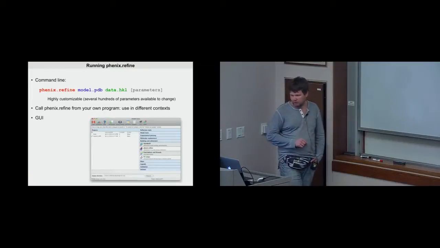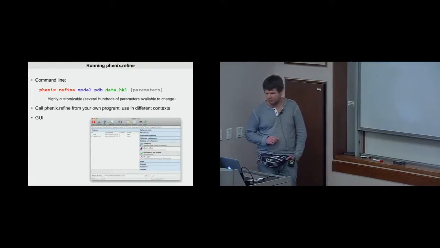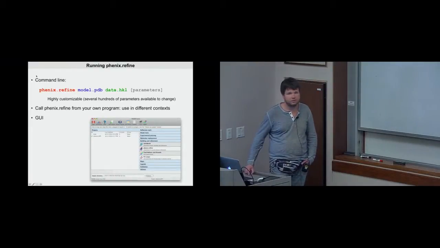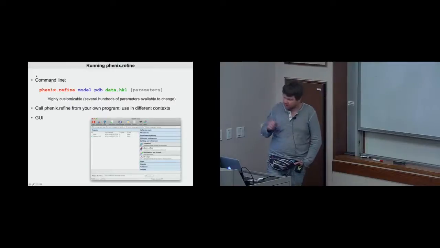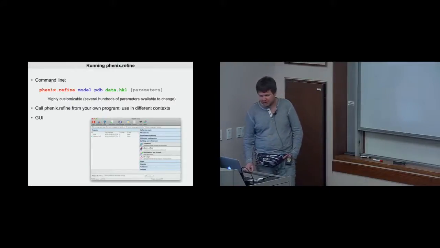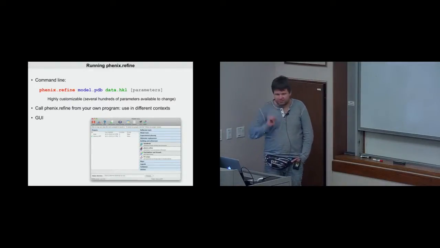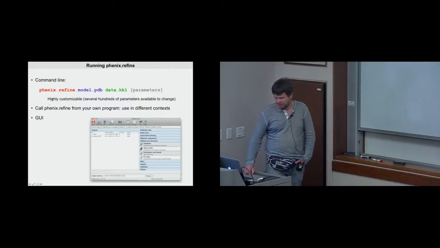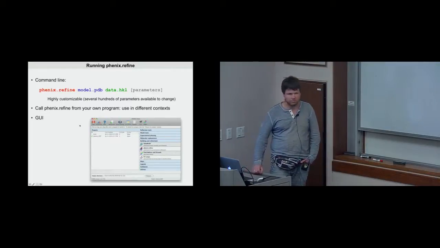So there are three ways to run Phenix.refine. So you can run it from the command line if you like to run things from the command line. So like, for example, I do run things from the command line. But I realize 90+% of people use the GUI, which is great. Yes, you can use the GUI to run Phenix.refine.